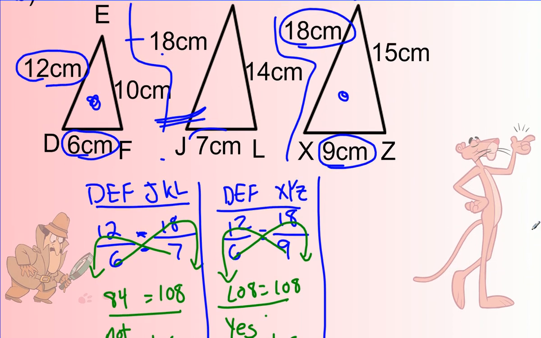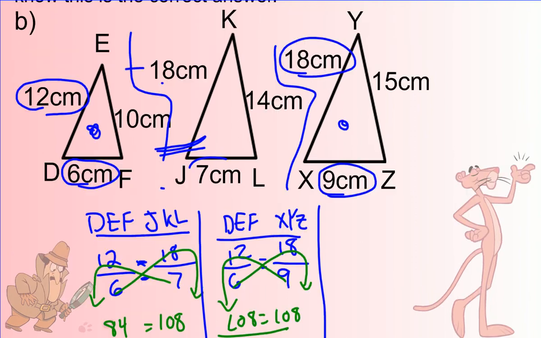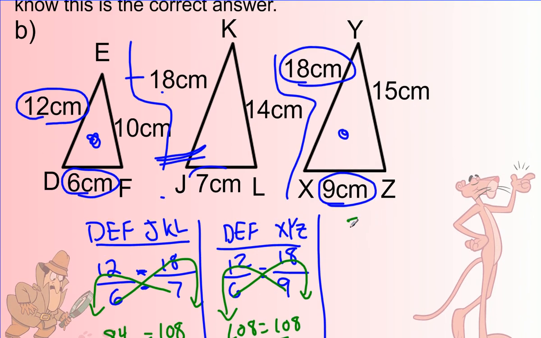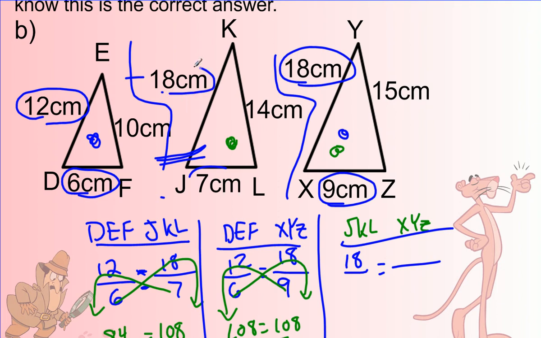Now, just for sake of completeness, I'm also going to check the last pair. So I'm going to check JKL and XYZ. So I'm going to check this one and this one. So let's see. Same sets of sides. I'm going to use 18 from here, and the corresponding side is 18. 7 from here, corresponding side is 9.